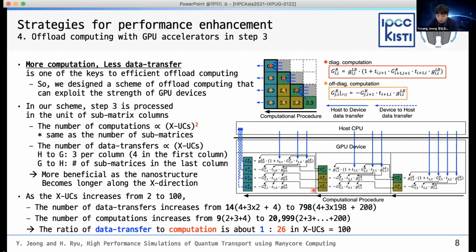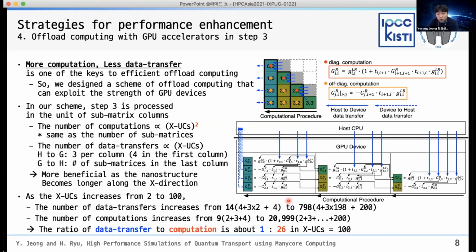For example, as the XUC increases from 2 to 1000, the number of data transfers increased from 14 to 798, but the number of computations increased from 9 to 20,999.